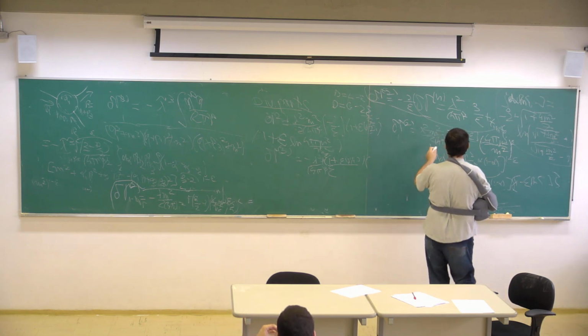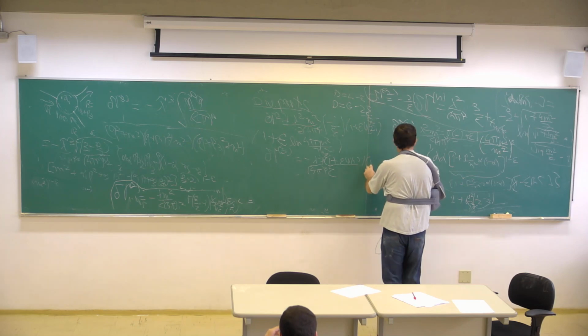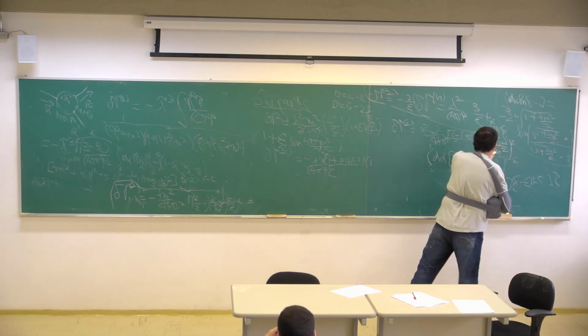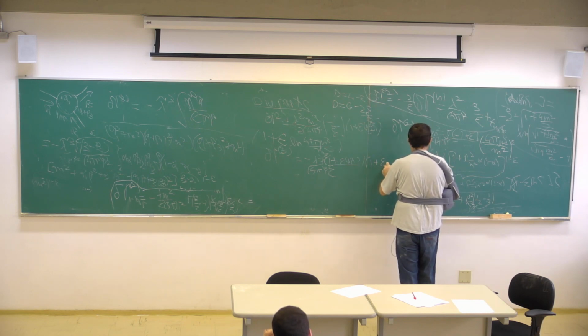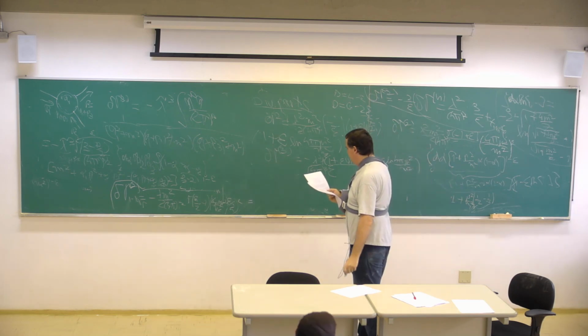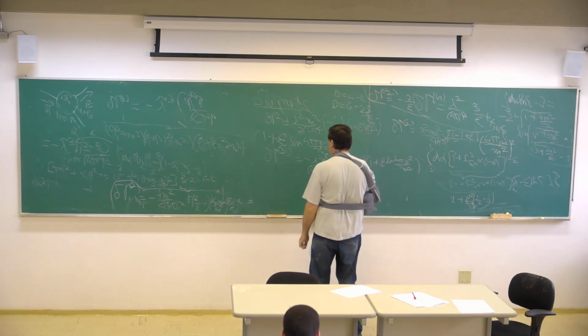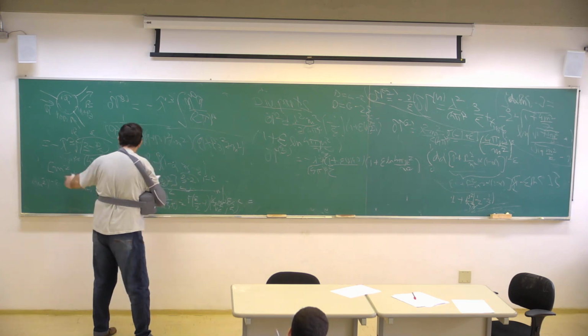And here, no, here it was like this. And then I form the same expansion, and this I also expand as 1 plus epsilon log 4 pi mu squared over m squared. And then finally, I have to again expand the integrand in here.